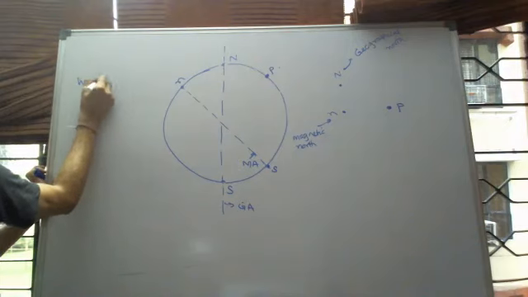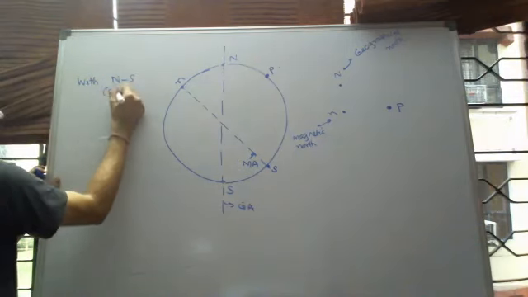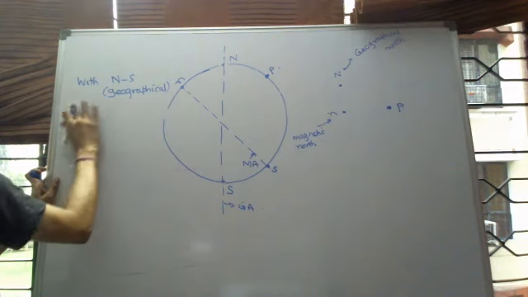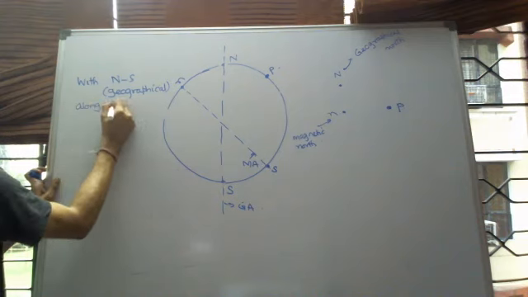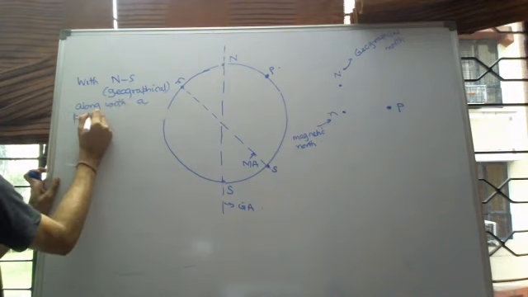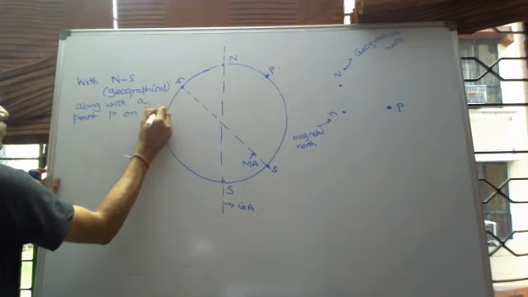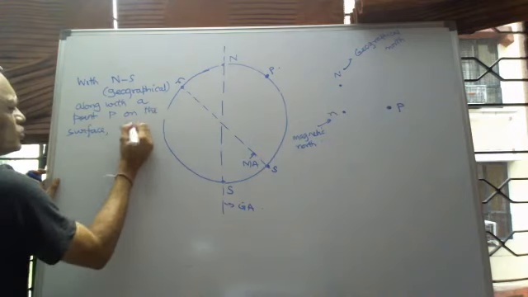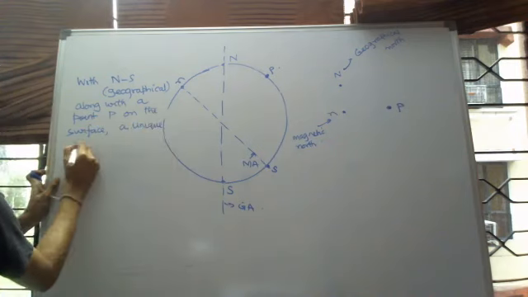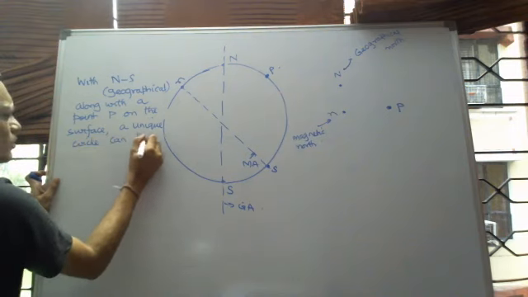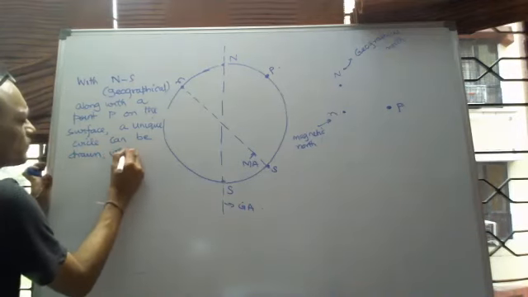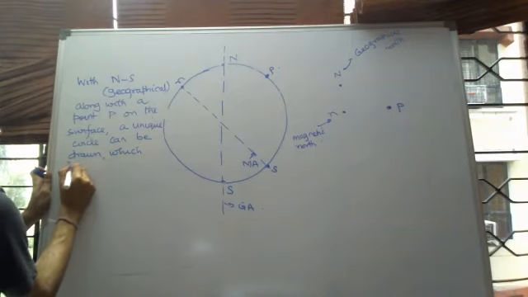With NS geographical along with a point P on the surface, a unique circle can be drawn, which lies in a certain plane. वो circle, हर circle determines a plane, ना?